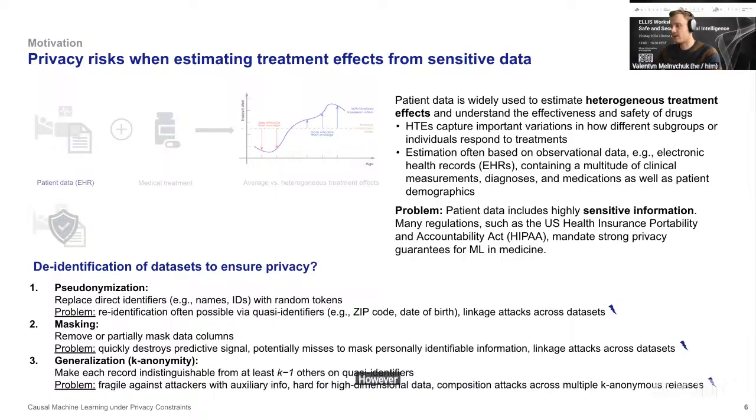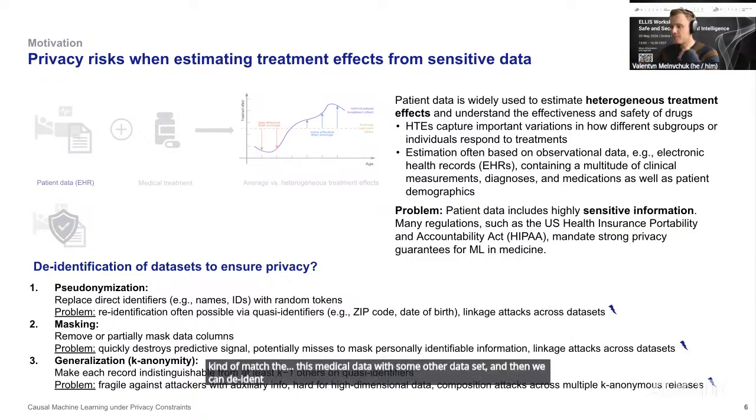However, this approach is not super stable. By just using other features like zip code, or the combination of zip code and date of birth, we can already match this medical data with some other data set, and then we can de-identify people.